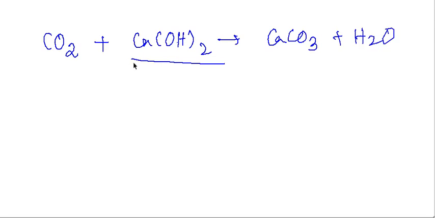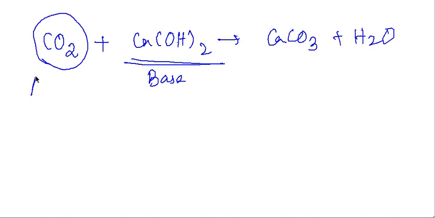So we know that calcium hydroxide is a base, and always a base reacts with acid to give us salt and water. That's the reason why we can conclude that non-metallic oxides are acidic in nature. So, being acidic in nature, they will not react with any acids.